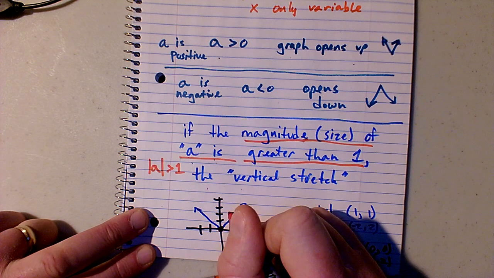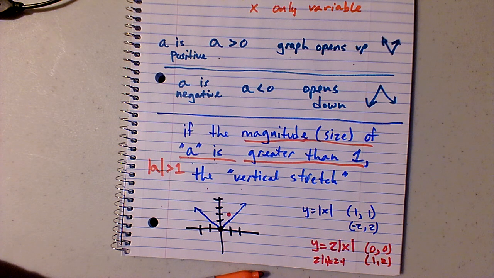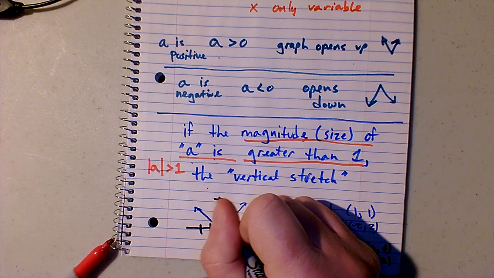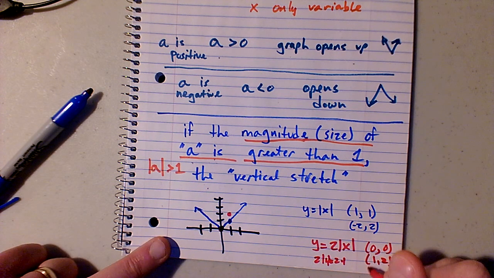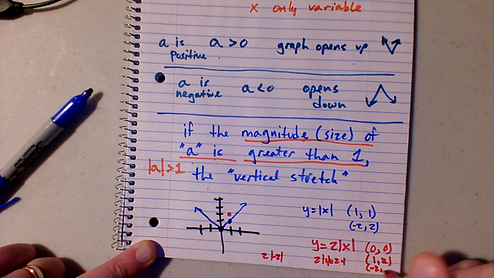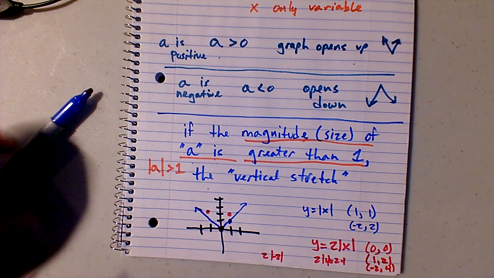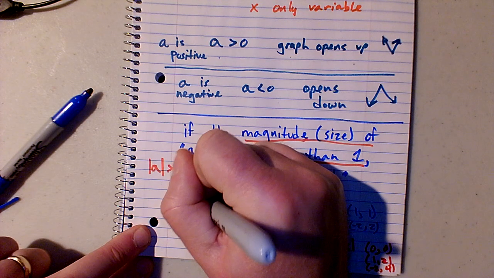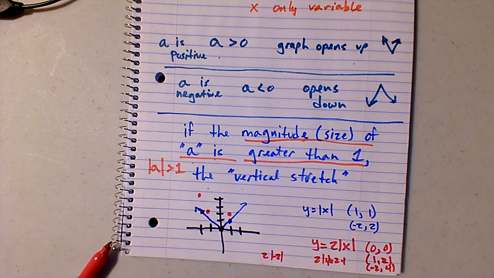Notice, when x is 1, now my red point there is twice as high as this blue point right here. And likewise, when x is negative 2, then I'm going to have 2 times the absolute value of negative 2, which would be 2 times 2, which is 4. So this red point will be twice as high as that blue point there.